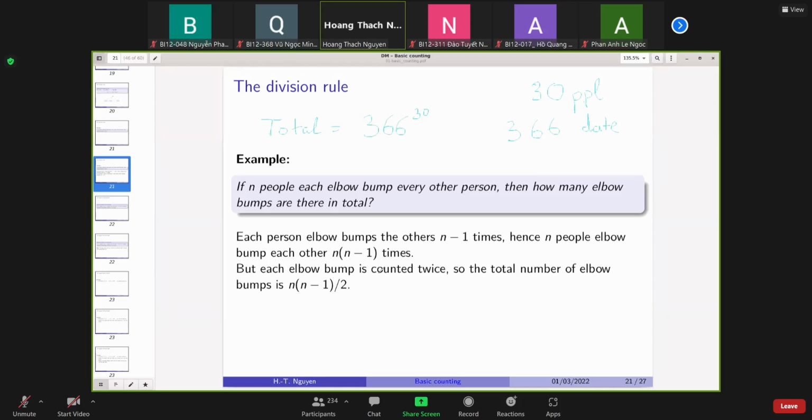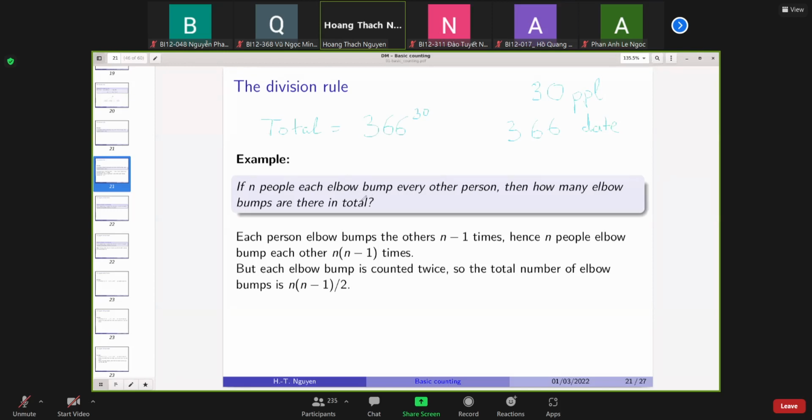We first choose the birthday for the first person, and then we choose the birthday for the second person, which must be different than the first birthday. Okay, and then for the third person, we will choose another date which is different than the two previously chosen dates, and so on.